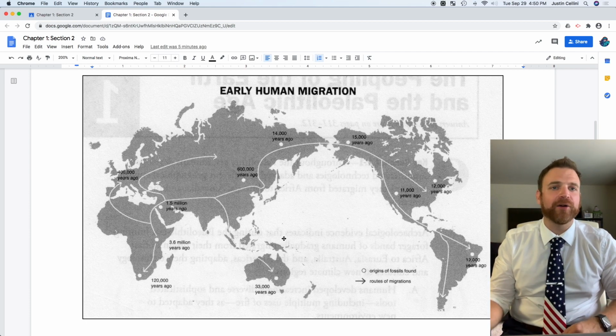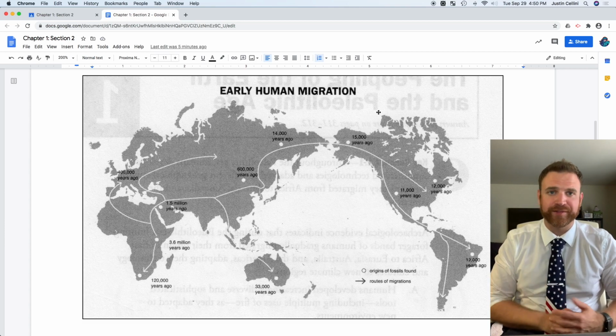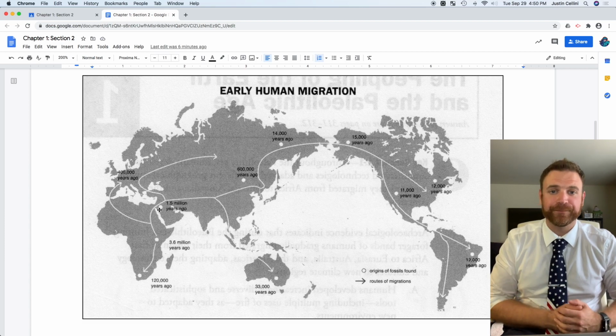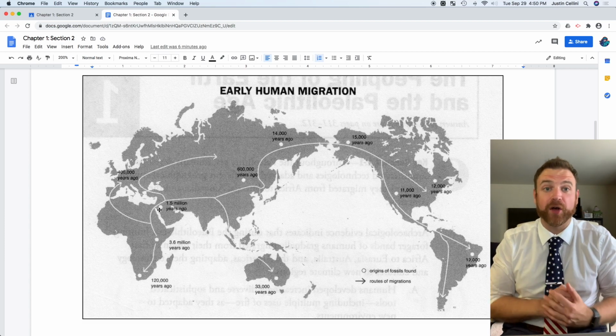All right, and then I have arrows pointing outward from that original dot with years attached to them. So if I go from East Africa to what we'd call Saudi Arabia today, humans migrated over the course of almost 2 million years. They went from East Africa up into modern-day Saudi Arabia.